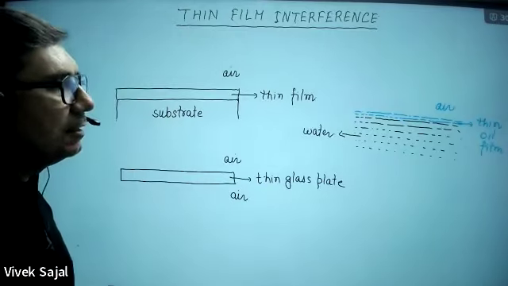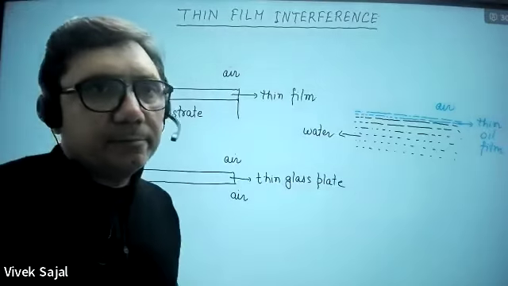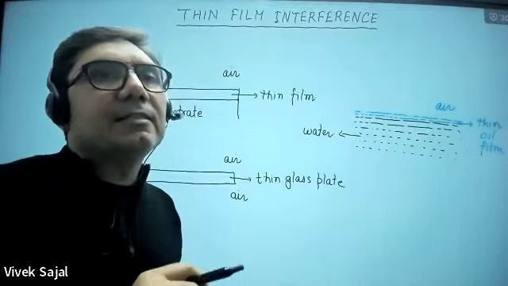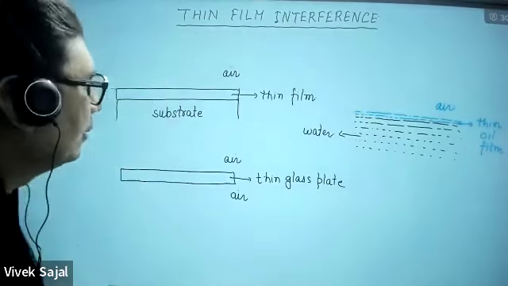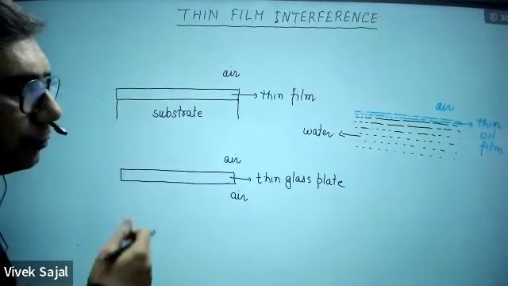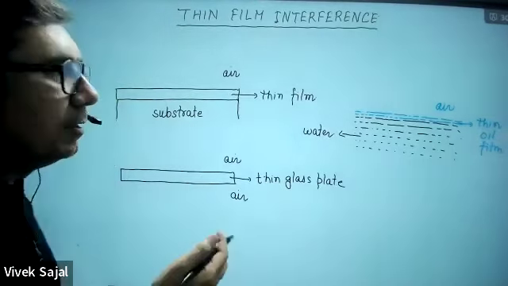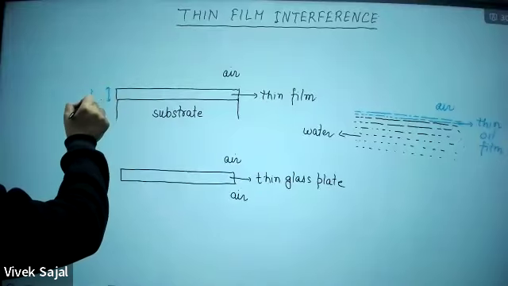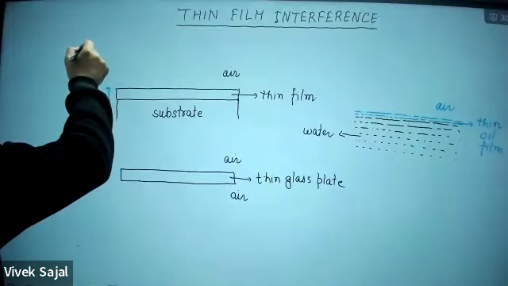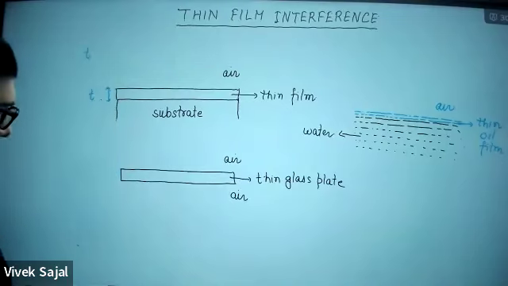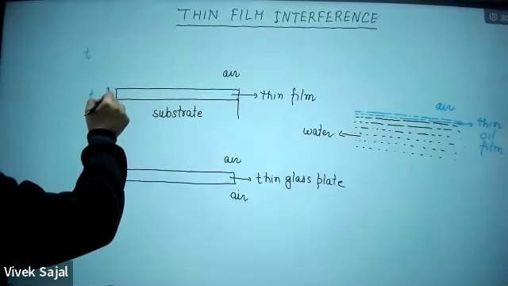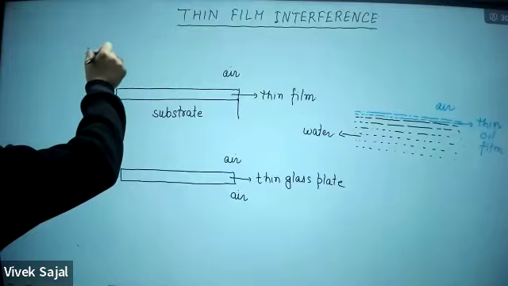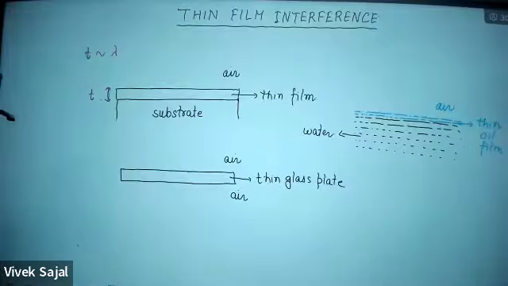Next question is, what is the meaning of thin film? What should be the thickness of the film so that we call it a thin film? We call a film a thin film if the thickness of the film, suppose t is the thickness, is of the order of lambda.